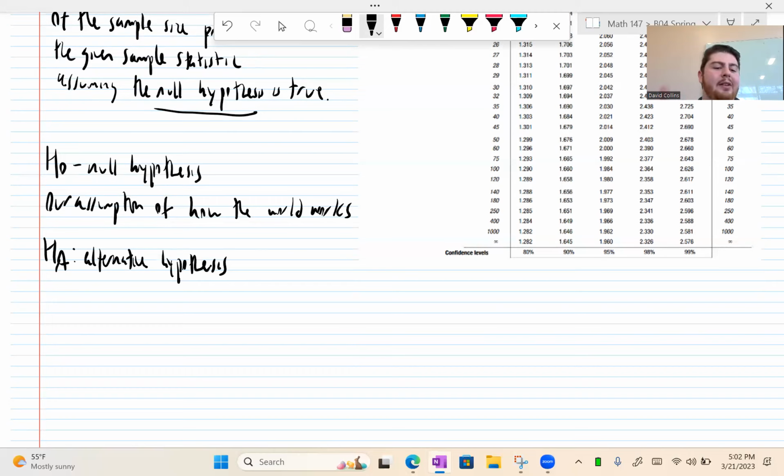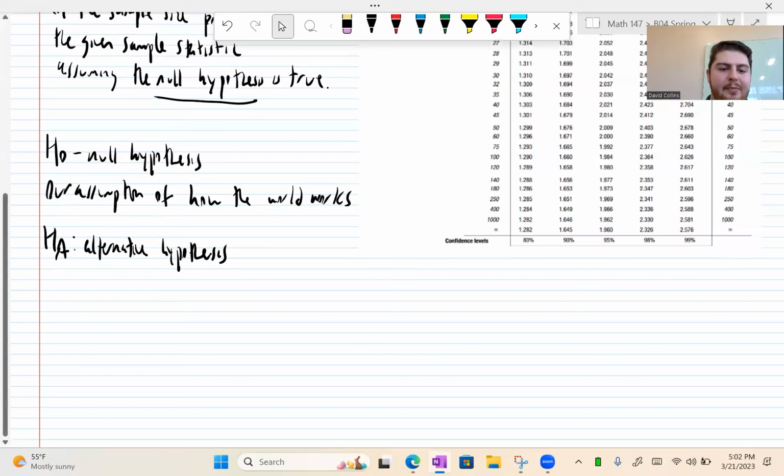And our hypothesis test is going to help us conclude which one of these two things is more likely to be true. Because probability is never a certain thing, you can't ever 100% say one of those is true, but it's giving us evidence to decide which one we want to follow. So those are our hypotheses.